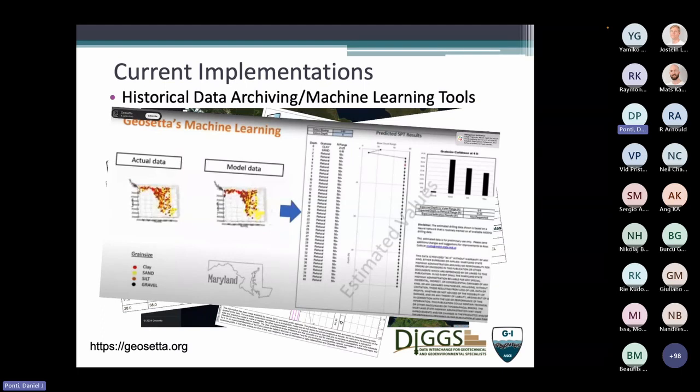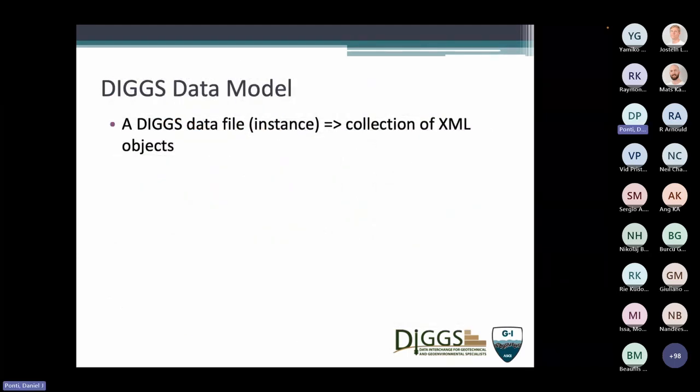So this is one of these interesting applications when we begin to be able to standardize these data sources to be able to utilize massive amounts of data to feed into machine learning and AI projects for looking at really interesting predictive applications. So this is a cool thing that's also beginning, and DIGS is the pipeline for all of that information. So, the DIGS data model.